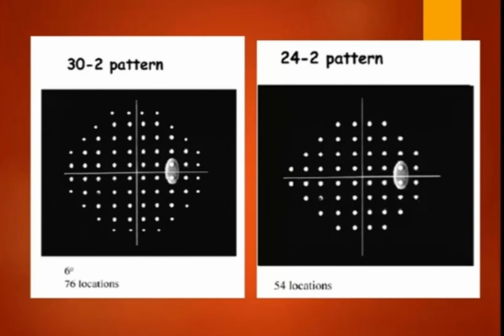The central 30 has all of its rings intact, while the central 24 has the outer ring omitted. So the central 30 tests about 76 locations, while the central 24 tests about 54 locations, making the test duration shorter.